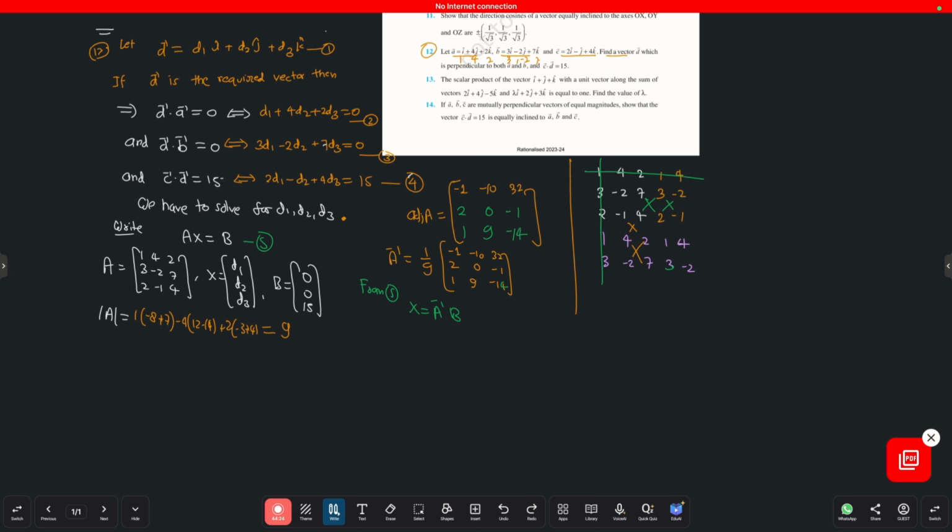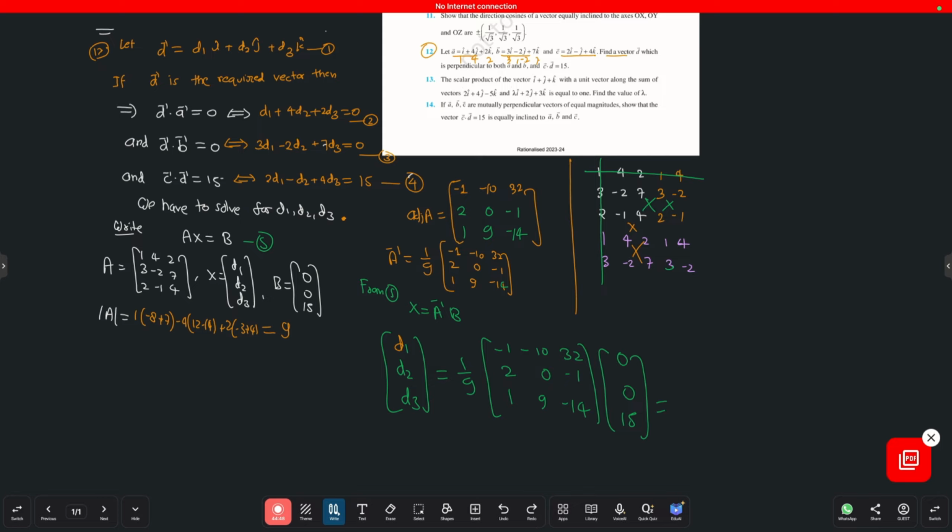So capital X is D1, D2, D3, and A inverse is 1 upon 9 into the matrix minus 1, minus 10, 30, 2, 0, minus 1, 1, 9, minus 14, and B is 0, 0, 15.